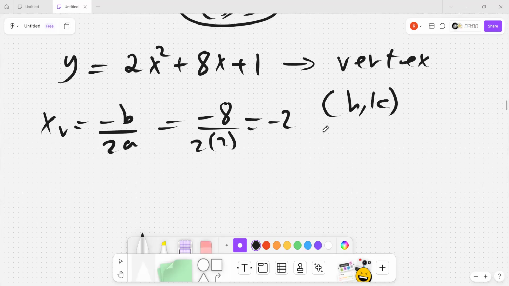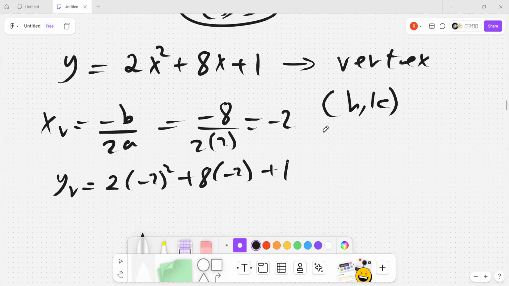And let's substitute it here to find the y vertex. So it will be 2 times negative 2 squared plus 8 times negative 2 plus 1. Negative 2 squared is 4. 4 times 2 is 8. 8 times negative 2 is negative 16. 8 minus 16 is negative 8. Negative 8 plus 1 is negative 7.